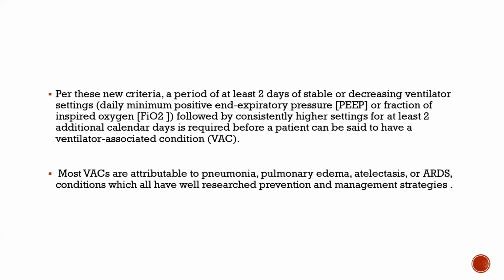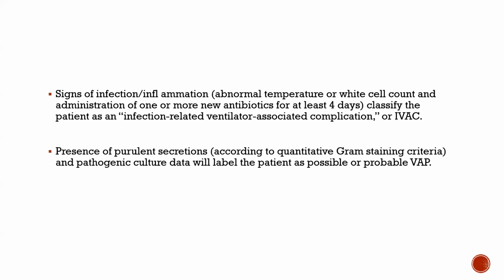Most ventilator associated conditions are attributable to pneumonia, pulmonary edema, atelectasis, or ARDS, which all have very well researched prevention and management strategies. Signs of infection and inflammation, that is abnormal temperature or WBC, and administration of one or more new antibiotics for at least 4 days classify the patient as having an infection related ventilator associated complication.